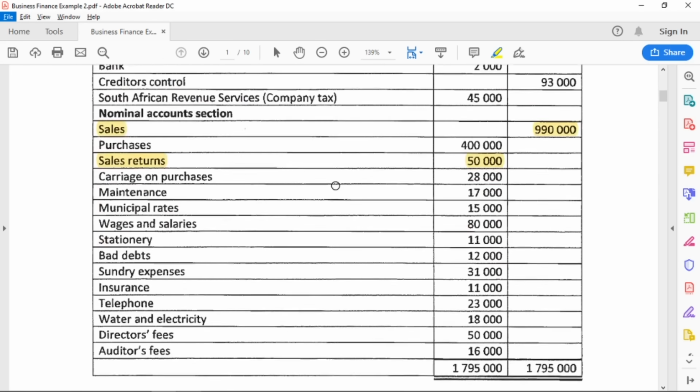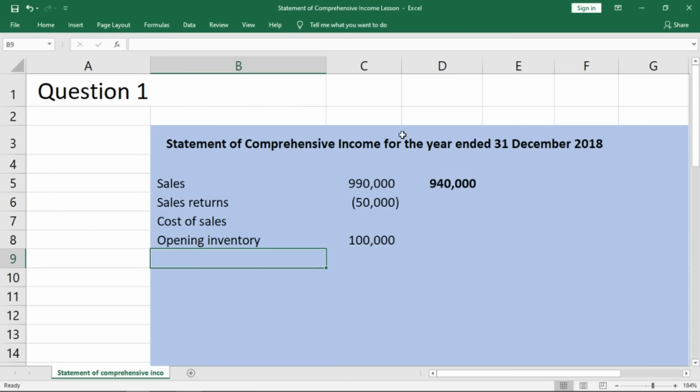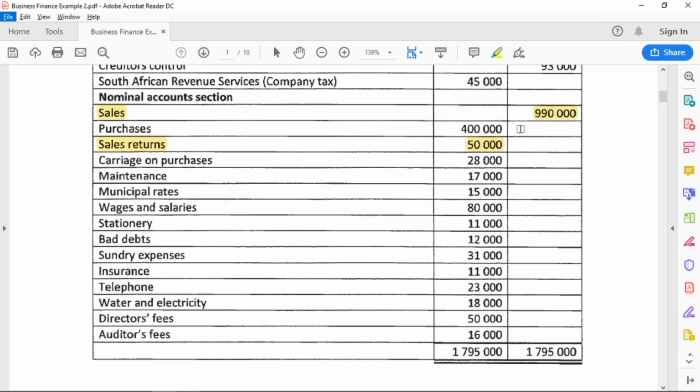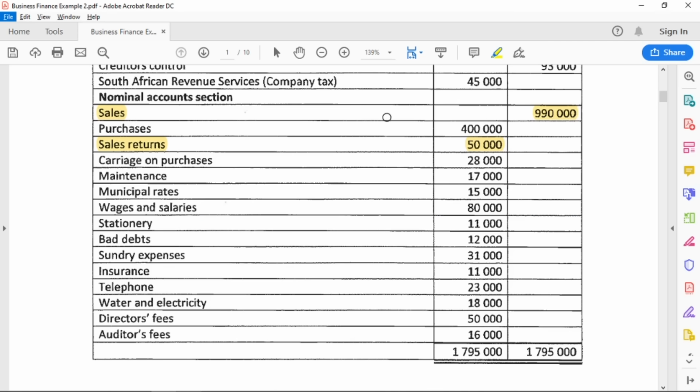And then what were our purchases? We have purchases of 400,000 rand, so we add that as well. Remember, you had opening inventory at the beginning and then you purchased more, so we had more inventory in stock. So we put purchases of 400,000 as a positive, and let me highlight that one.